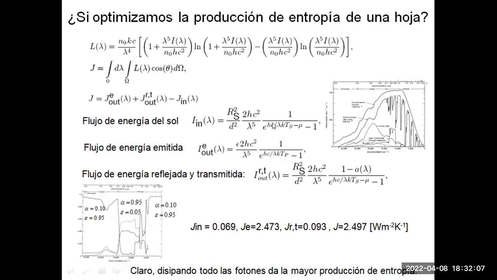These are intensities per unit time, per unit solid angle, and so on. So we have to do the integration over solid angle, and we express the total entropy in terms per unit time.